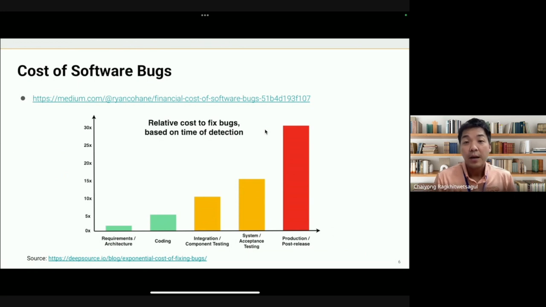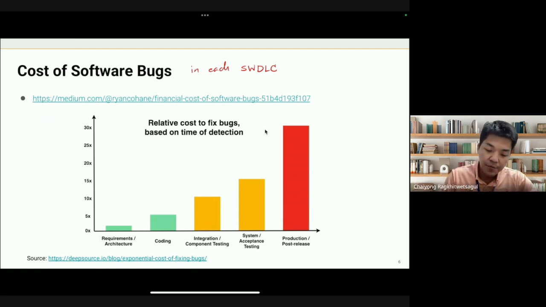Another important thing I want you to pay attention to is the cost of software bugs in each software development life cycle phase. Software is created in many phases. We start from requirements, we do implementation, we do integration tests, we do system tests, and then we deliver the product.